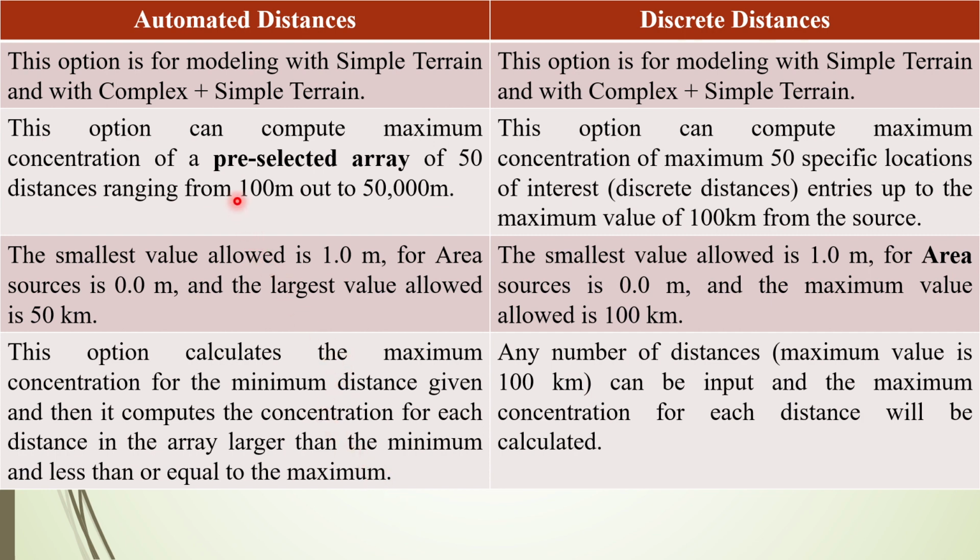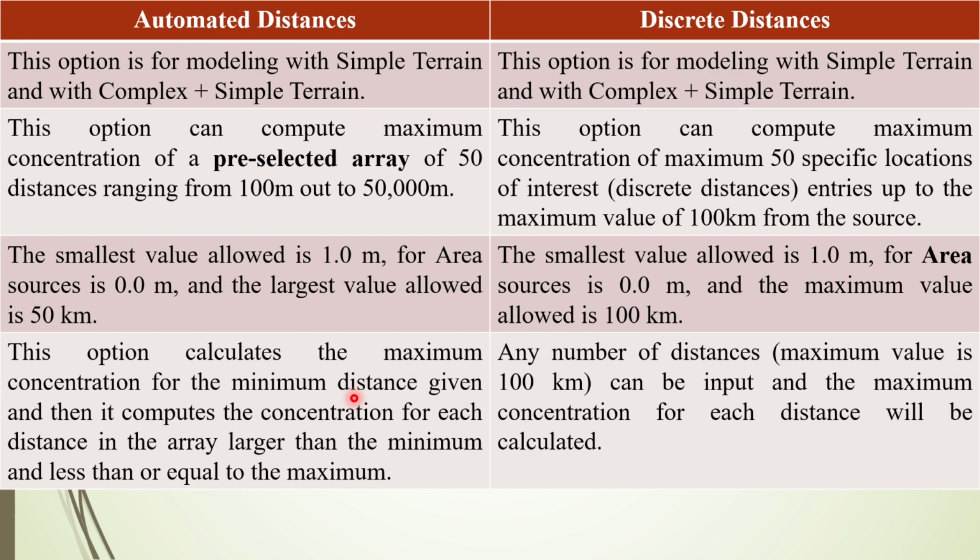As you know, the pre-selected array starts from 100 meter, but the minimum distance it allows is 1 meter. For this particular case, the minimum distance was 250 meter.